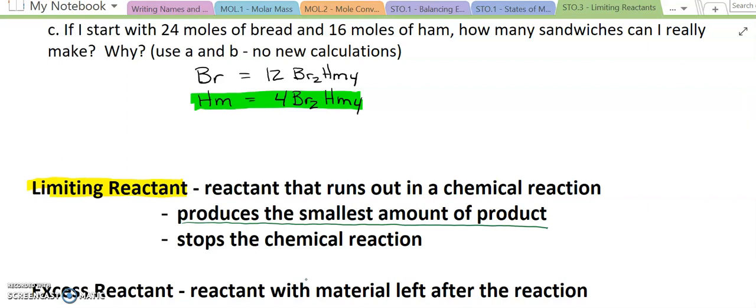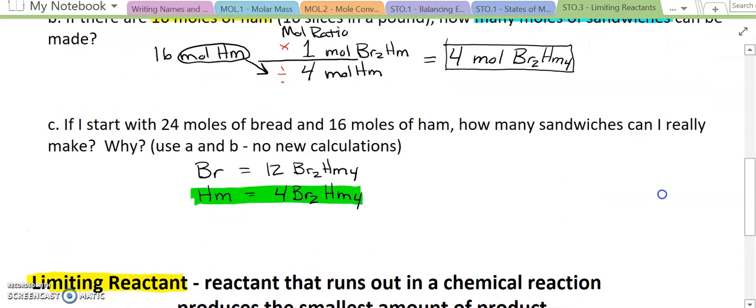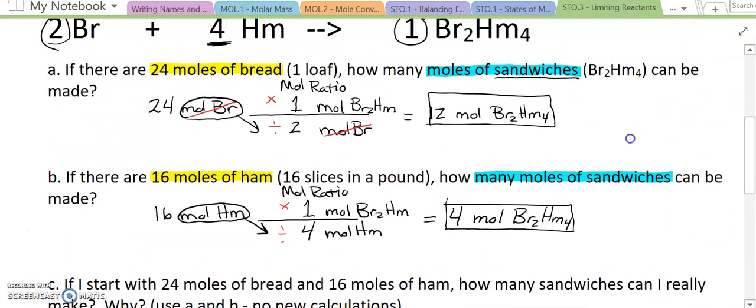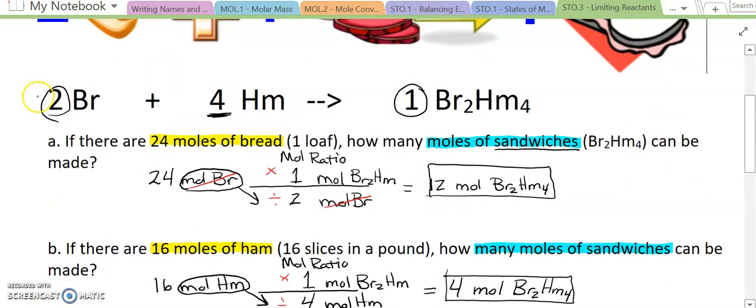So if I had to identify and label the limiting reactant, here's a key thing as far as reactants go. When we talk about a limiting or an excess reactant, remember in my chemical reaction, the ingredients are my reactants. So if I am looking for a limiting or an excess reactant, it is going to be one of my 2 ingredients.